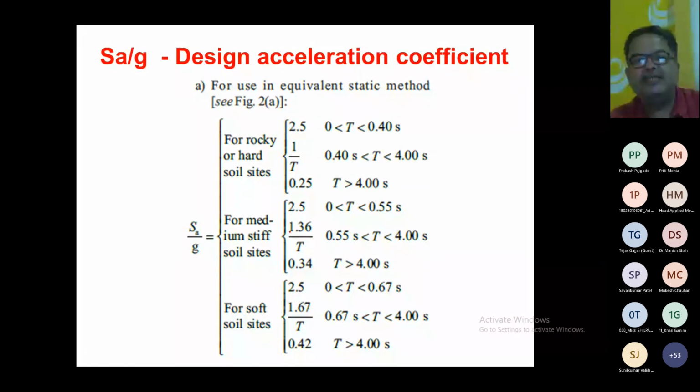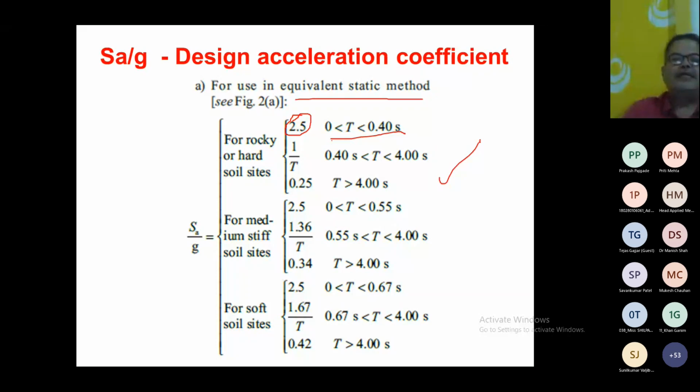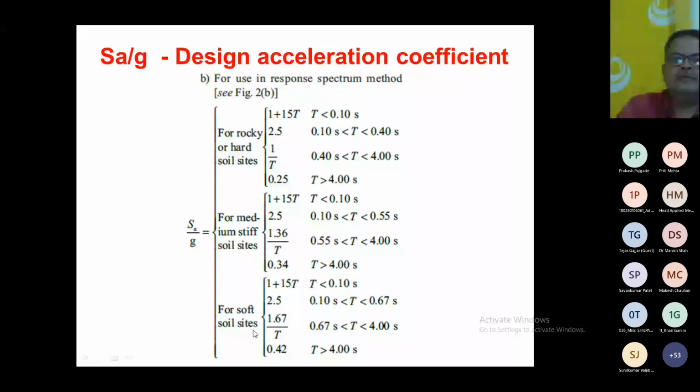Suppose you are going for the equivalent static method, then we have to look at what the natural period is. If the natural period is 0 to 0.4 second, then the value of SA by g is 2.5. For 0.4 second to 4 second, it is 1 by T, and if it is greater than 4 second, it is 0.25. So these values are already given in the code, and you can directly use these equations for the different types of soil: hard, rocky, medium soil, soft soil, and the same way for the response spectrum, right?